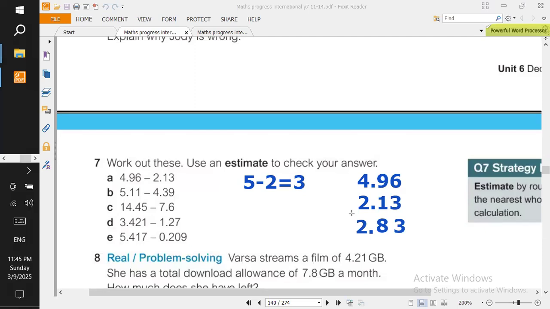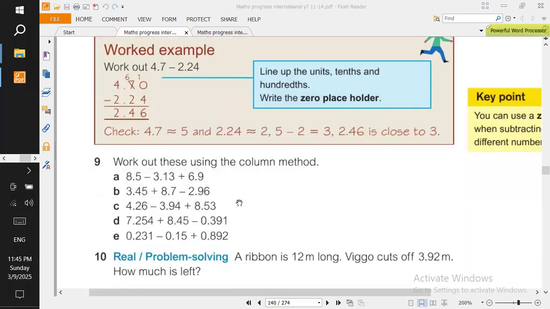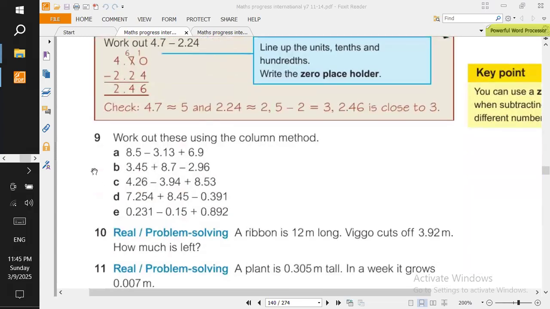But here what we did, we estimated the answer by rounding all of them. This one becomes 5, and this one becomes 2. So the answer should be around 3. That's the whole idea of estimating. And this is how you answer a question like this. Now let's move on to the next question here. Same idea of subtraction that we talked about and how to do subtraction, if you have problems like these.